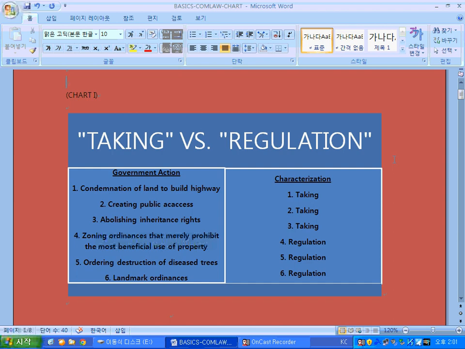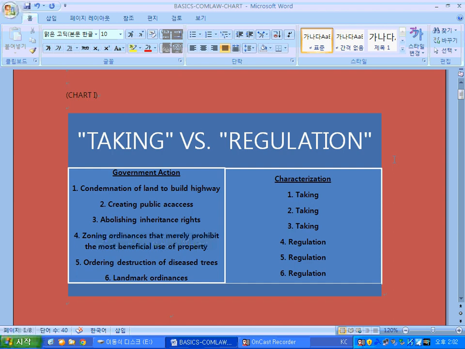It is a standing law to govern all governmental actions in these contemporary times. Fourth, zoning ordinances that merely prohibit the most beneficial use of property could not suffice a taking requirement.